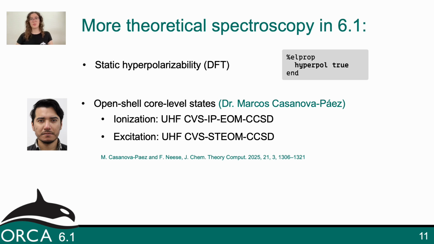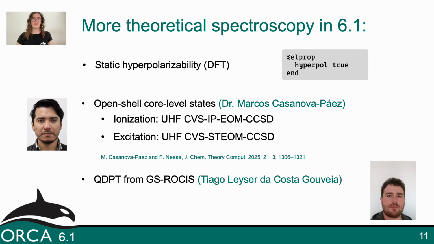You can find out more about that in his paper or in the ORCA manual. And the last thing I wanted to mention is that my colleague Tiago has worked on connecting his method, generalized spin-orbit, with quasi-degenerate perturbation theory. So now you can calculate some magnetic properties, and this is useful for MCD and XMCD spectra.